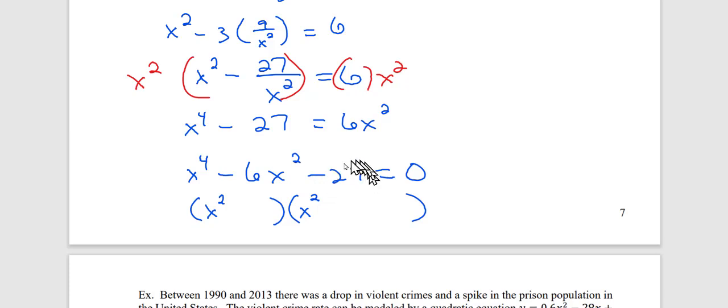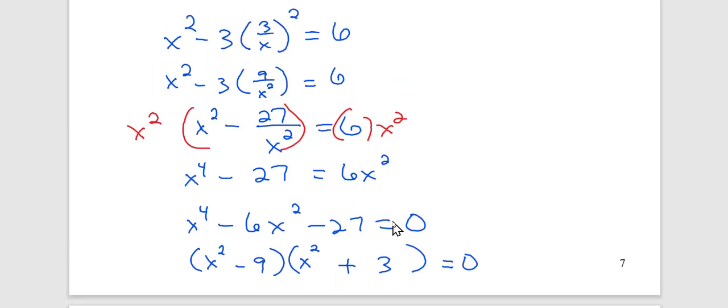And I'm looking for 2 numbers that multiply to give me negative 27 that add up to negative 6. That's going to be negative 9 and positive 3. If you think about distributing this out, you get x to the 4th plus 3x squared minus 9x squared. Those two will combine to give me the negative 6x squared minus 27.